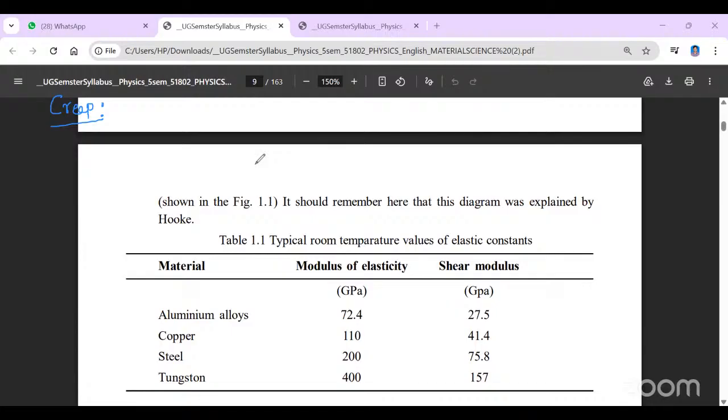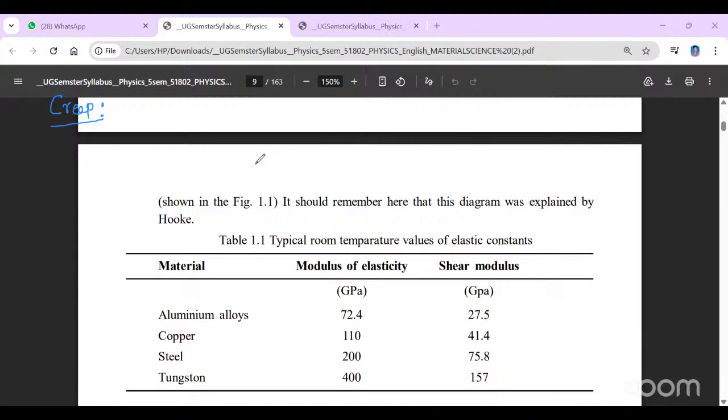That means we are maintaining some load or stress on that particular material for a period of time.